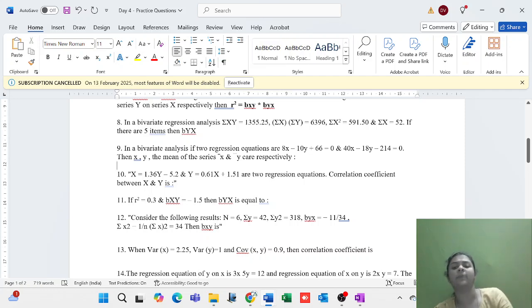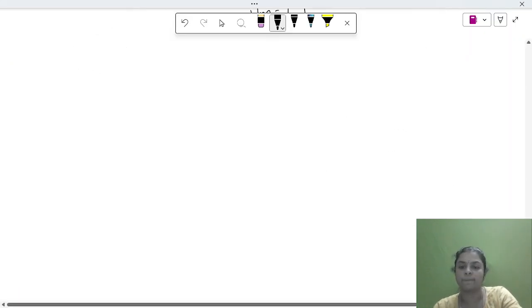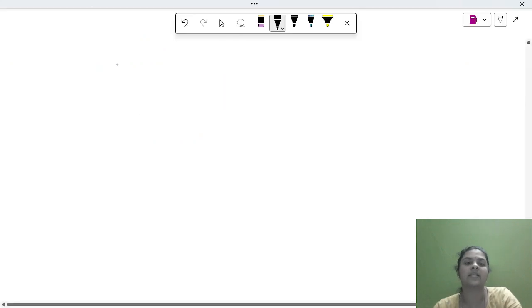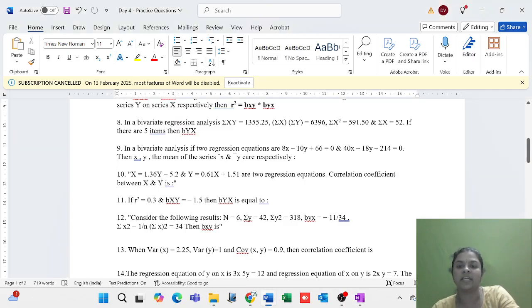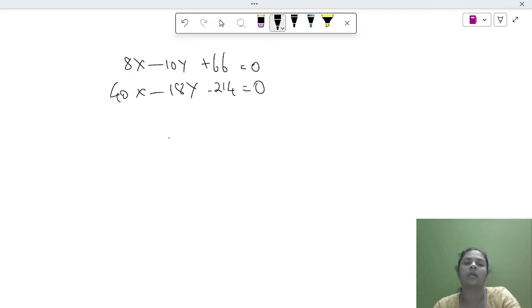The two regression equations are given. Find the mean of the series. Now, how to calculate the mean from regression equations? Very simple. You have to solve the two regression equations. So, let's take the equation 8x minus 10y plus 66 equals 0, and 40x minus 18y minus 214 equals 0.